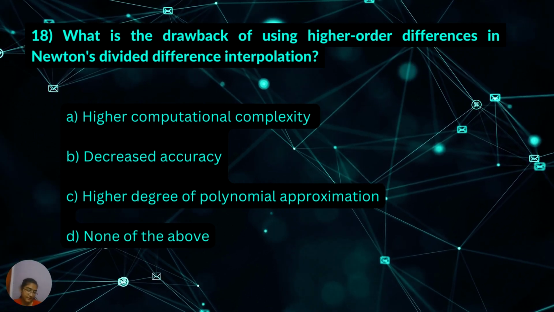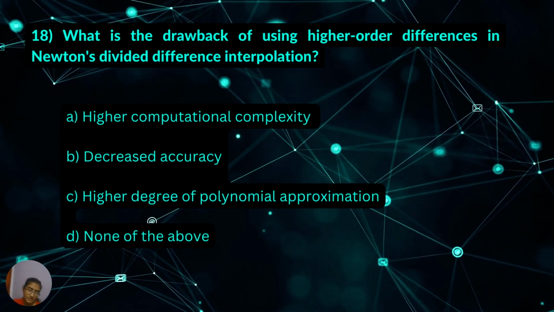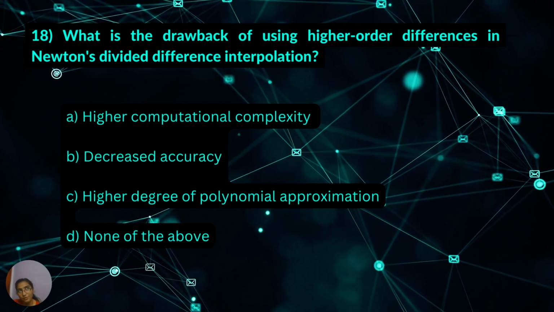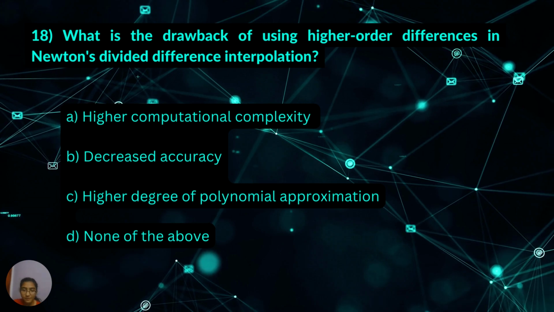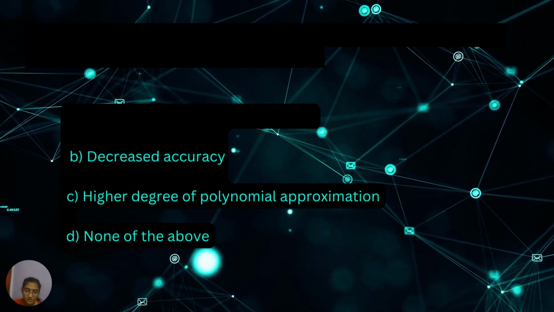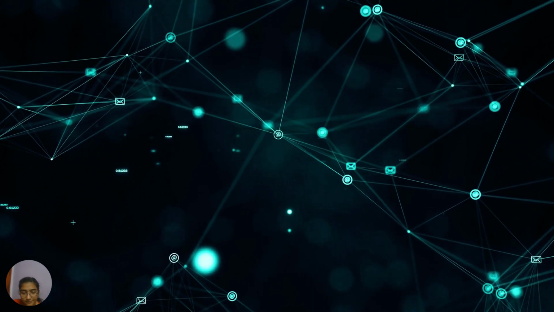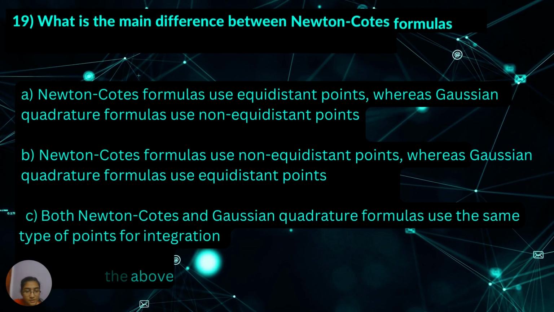The higher the complexity, the more computational analysis will be done. It will also slow down the speed and efficiency of the system. So yes, higher computational complexity. Coming on to the next question.